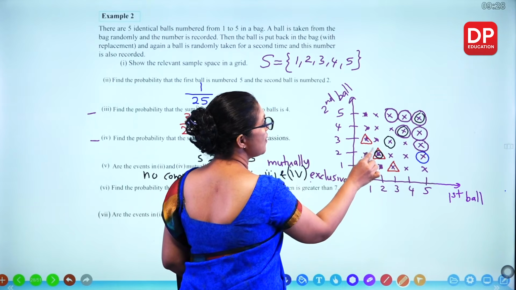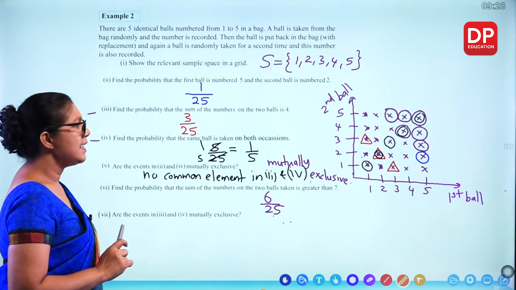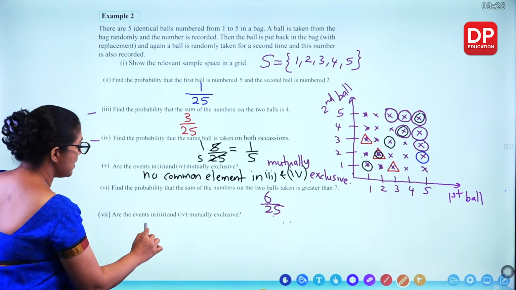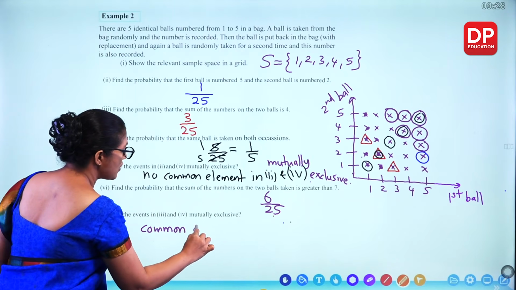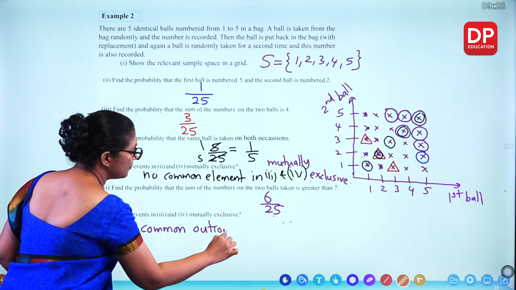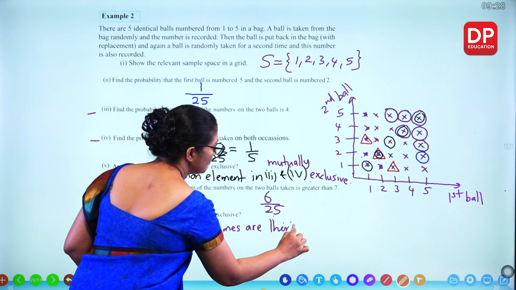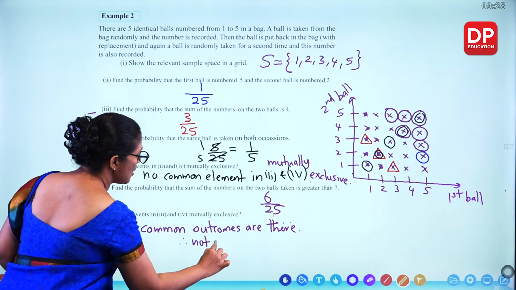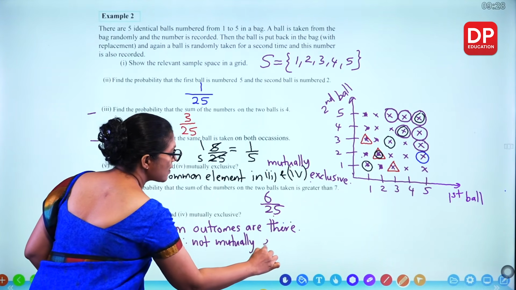Red one and black one is there. So that means not mutually exclusive. So we can write common outcomes are there. Therefore, not mutually exclusive.